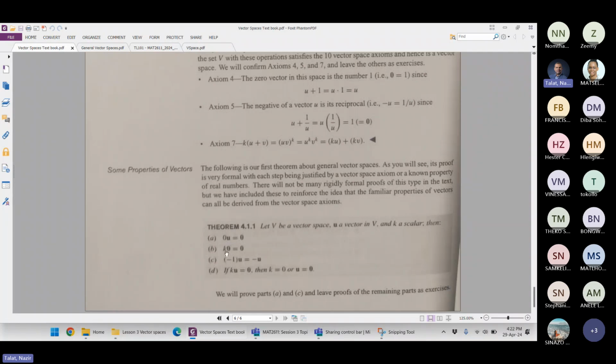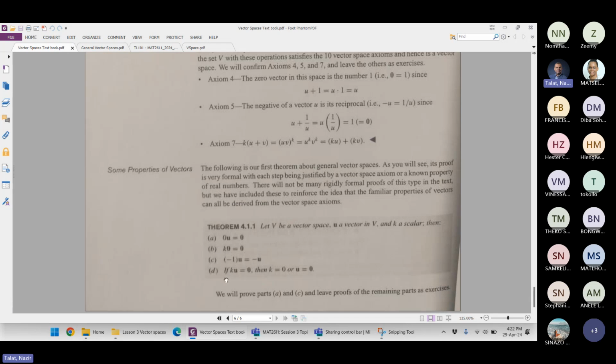Similarly, k times the 0 vector is always equal to the 0 vector, and moreover, minus 1 times u is equal to minus u, like k times u is equal to ku. And also the other properties. So one can see that it will always give us this.